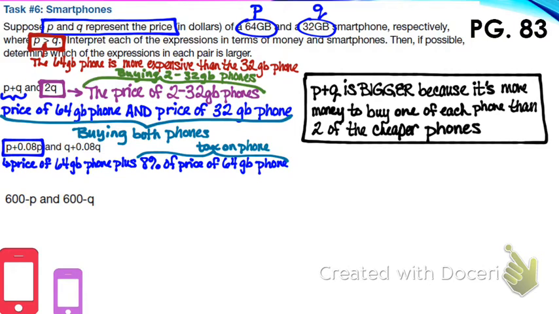So altogether, this whole expression is telling me the price plus tax to buy the phone, or the price with tax, for the 64 gigabyte phone.